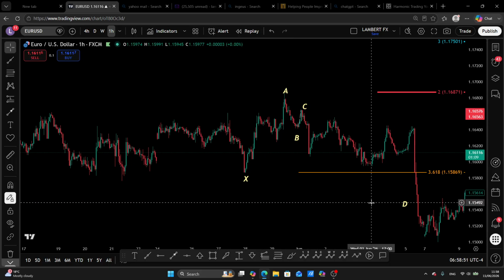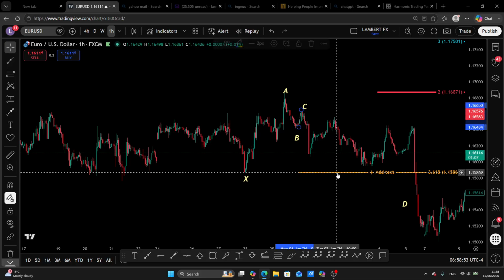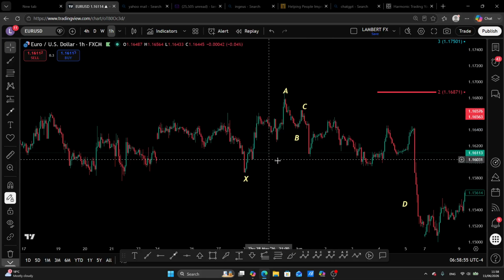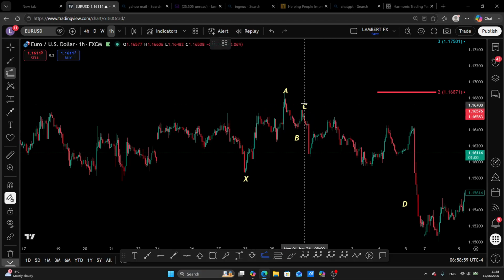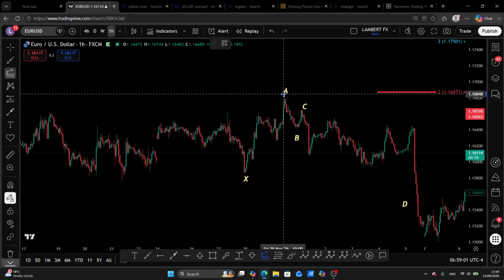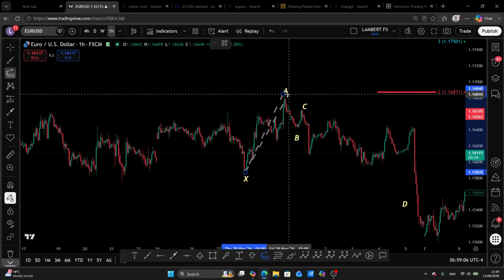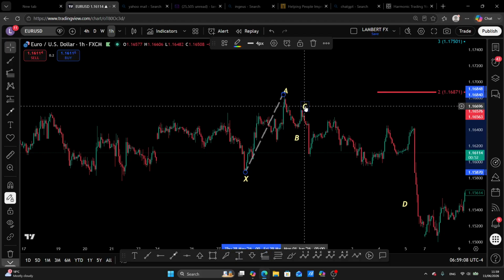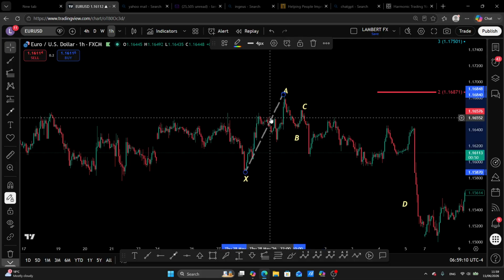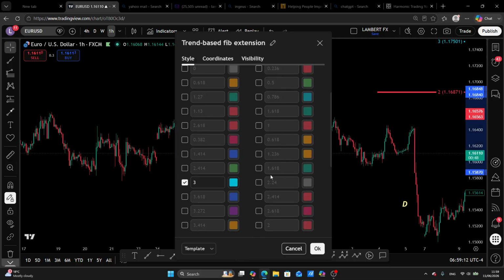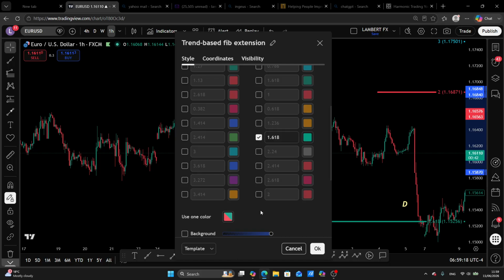And then to get to our D, where we look to buy, what you do is you take your fib extension, you measure from your A down to your X, back to your A. And then we are looking for what? 1.618 to 2.0. So you get rid of this 3. So we need 1.618 to 2.0.